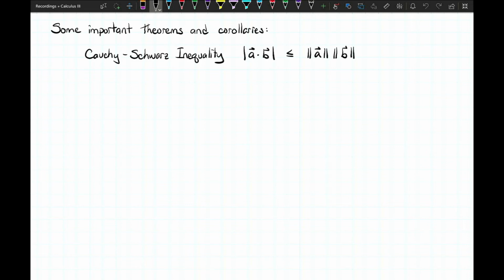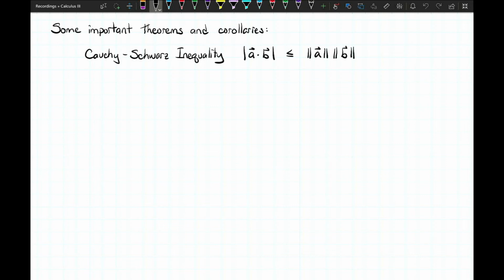So that is a positive number, and that is always less than or equal to the norm of a multiplied by the norm of b. The right-hand side here is just simple multiplication of two real numbers. Now, I'll let you think about that, and with what we've covered already in this video, you should be able to come up with a very short proof of that.